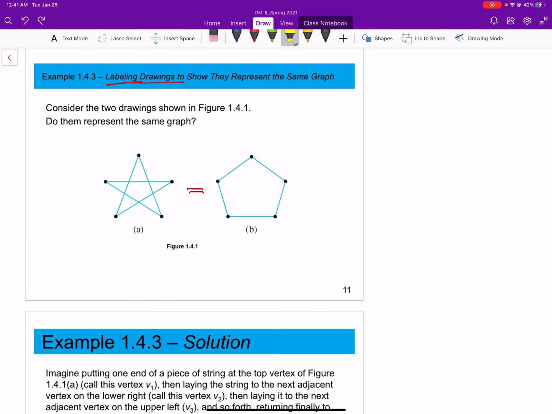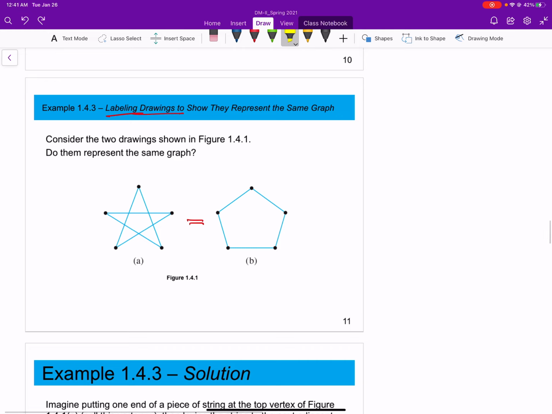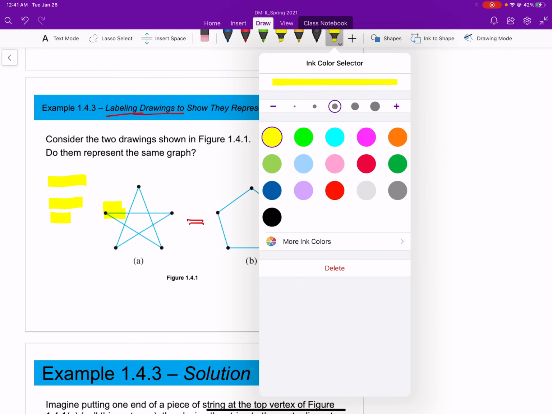Highlighter is good. So you take the string and you start from here. Oh, that's too wide. How do you make it less wide?